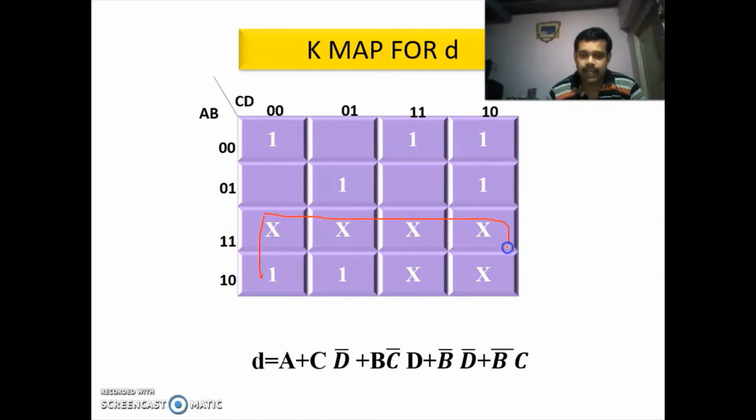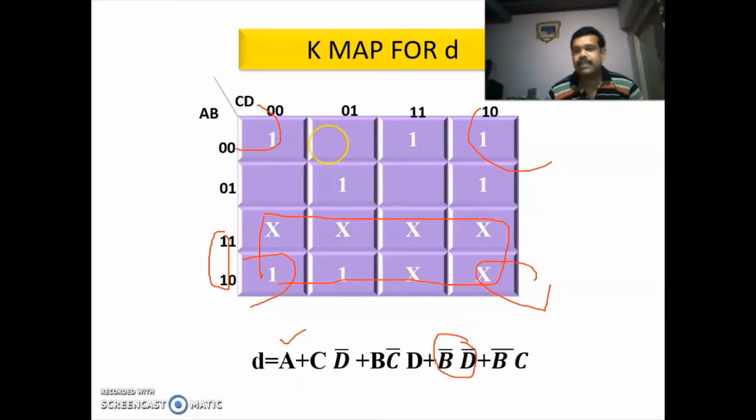So its expression is A, since only this variable is changing. Next we are going to group. We can group these four ones. The expression is B bar D bar. So this is the expression for these 4 ones.